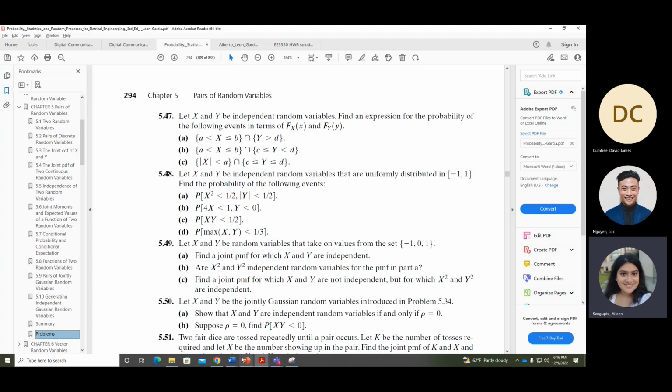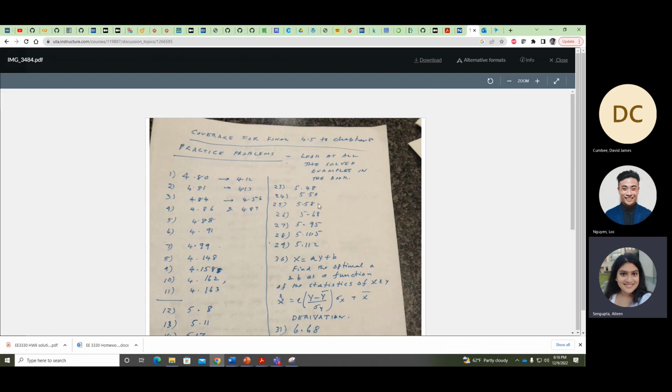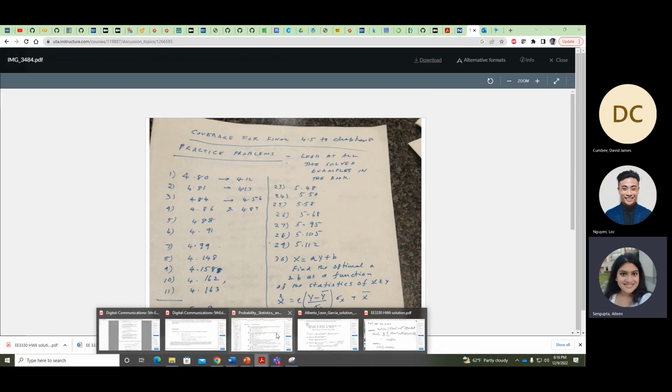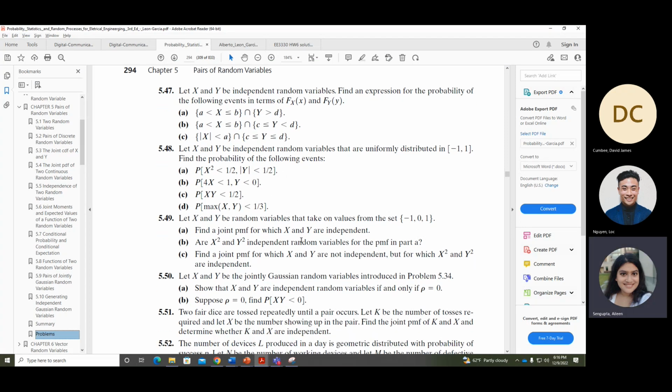So these are those kinds of problems. Again, going back, 5.48, 5.50, let's check those. Like 5.48, you have done the value kind of problem. 5.50 is again independence, all those things.